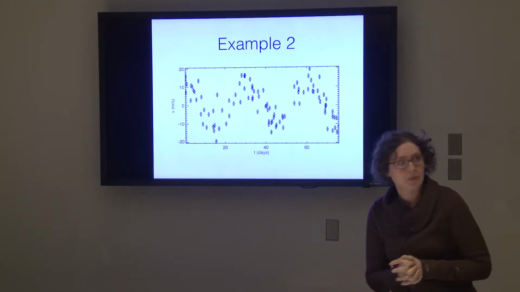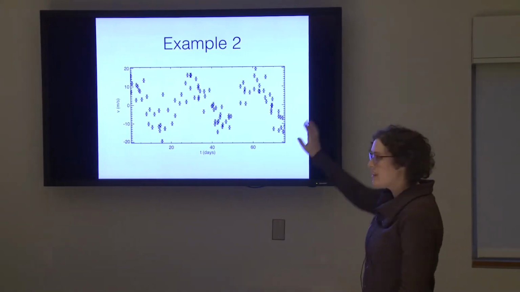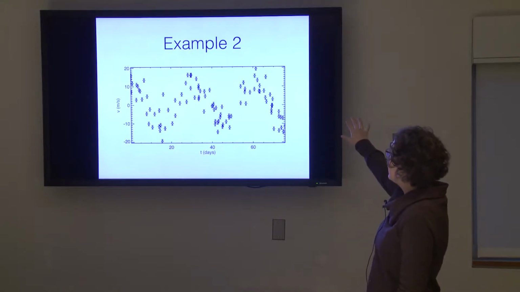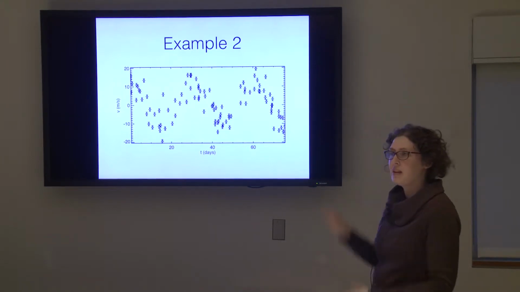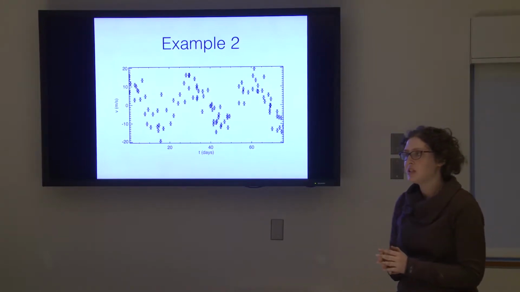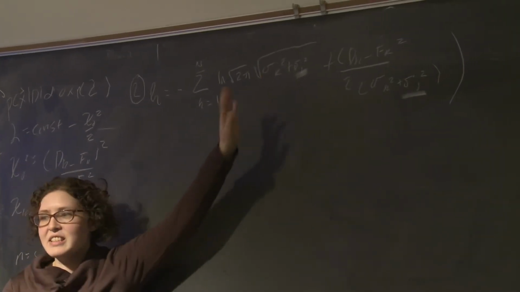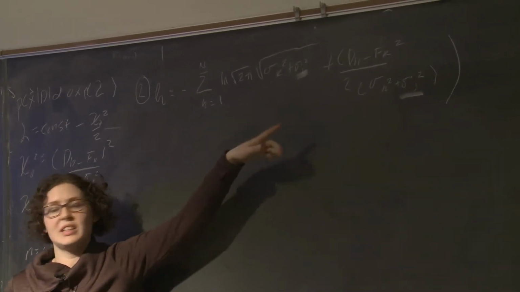Welcome back. So, as we were discussing, here the error bars have been underestimated. So one thing that we can do to fix that is in our likelihood function, this is like the simplest possible fix, but it's better than nothing.